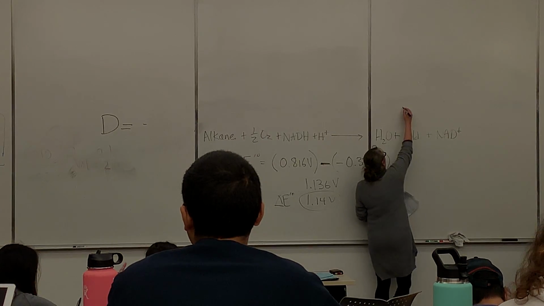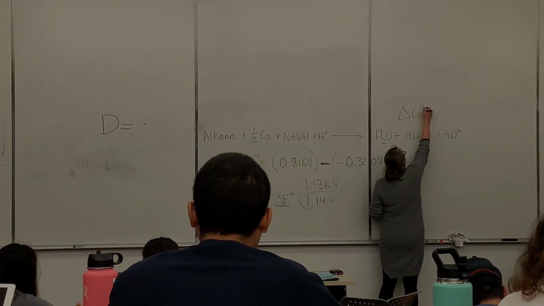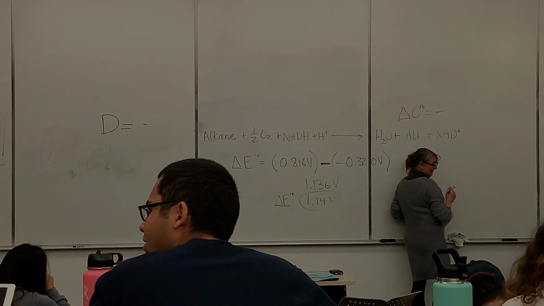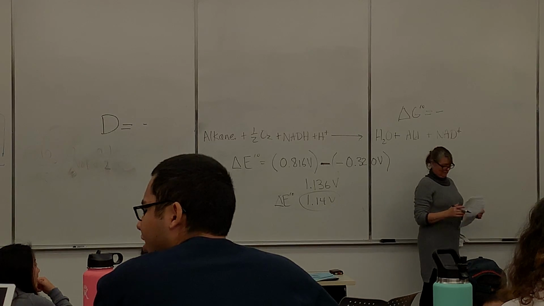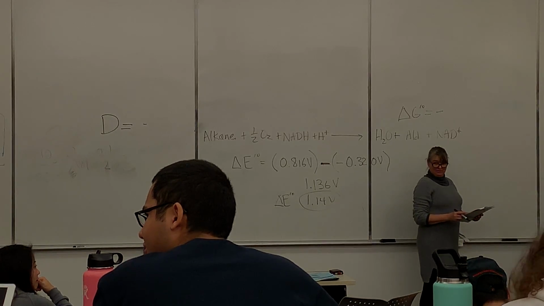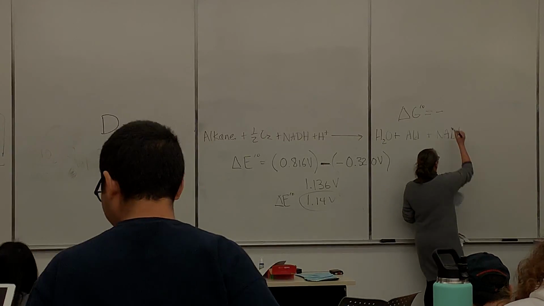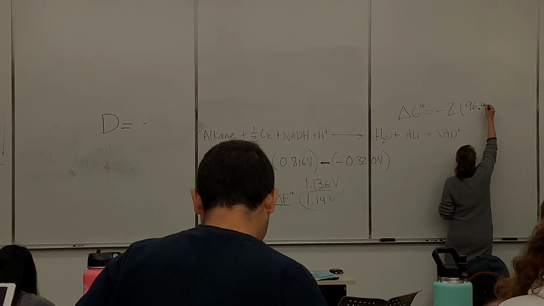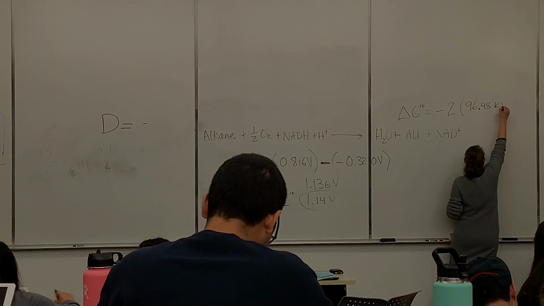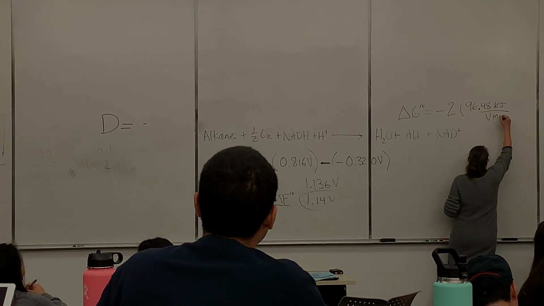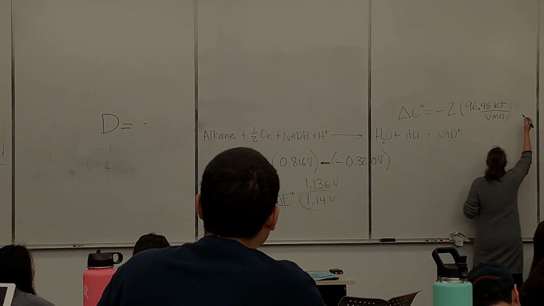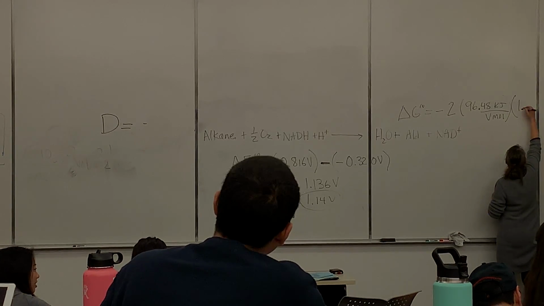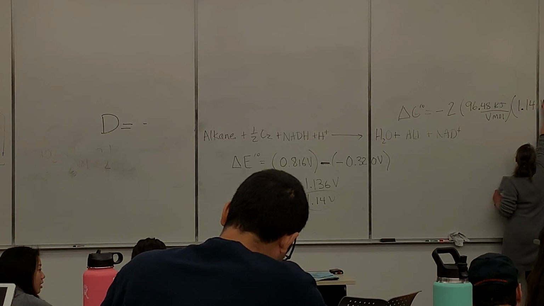Alright, so delta G for this part of the reaction is negative N, and what is N? 2. Negative N, 96.48 kilojoules per volt mole times delta E, which is 1.14 volts.